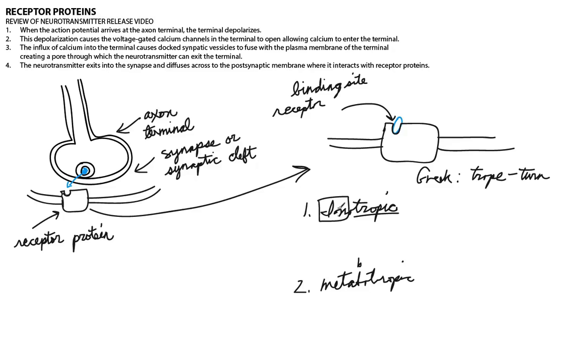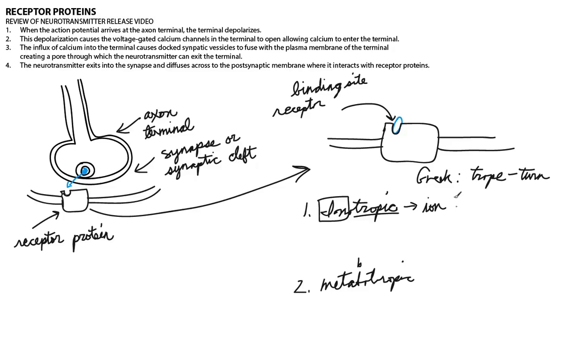So if we think about it a little bit, ionotropic refers to some sort of turning or change in the ion. And as we'll learn, what actually happens with an ionotropic receptor is that when the neurotransmitter binds to it, the receptor protein becomes a channel and an ion will flow through the receptor protein. So we'll just put that here.